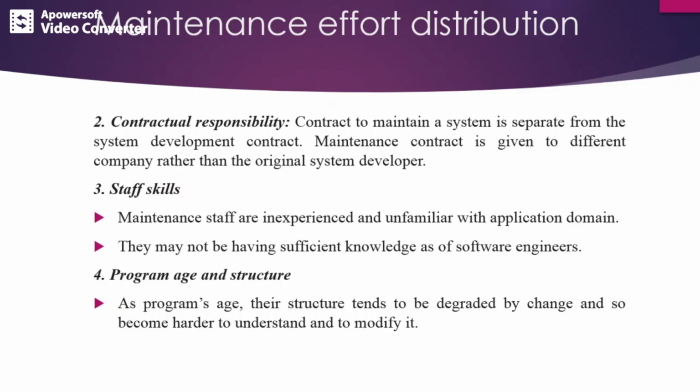When you started implementing some changes to it, it might have become a little bit complex. So the structure might have got degraded. And what happens is it becomes harder to understand and modify it further.